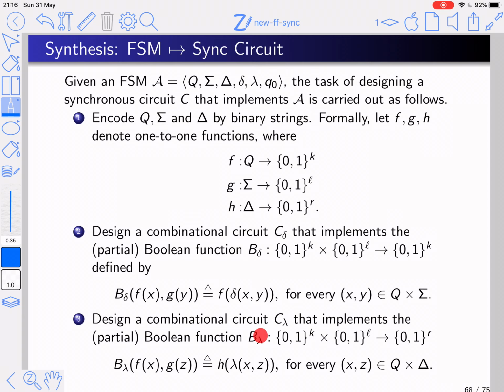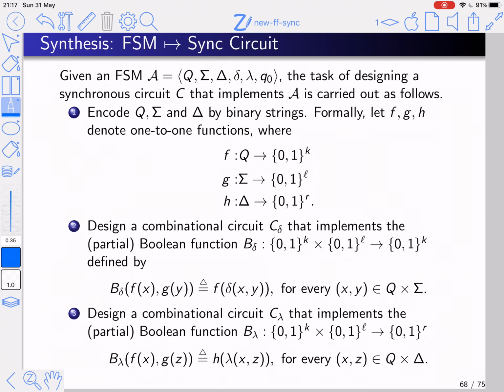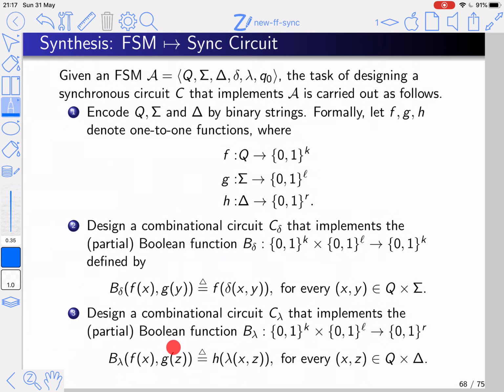Similarly, I need to design a combinational circuit, C lambda, that implements the Boolean function that is given an encoding of the state and an encoding of the input, and gives me an encoding of the output. I want to get an encoding of the output that corresponds to the output when I'm in the same state x and I get the input z.